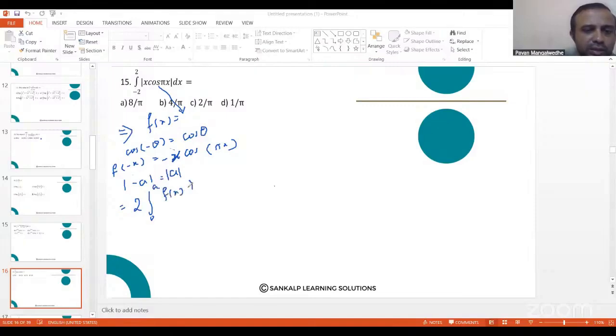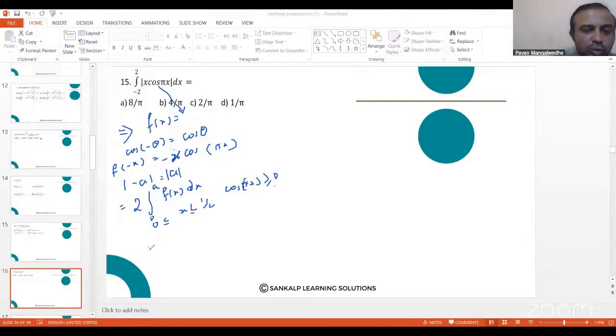of x dx. Then for 0, the condition arises here: 0 is less than x, which is less than half, where cos of pi x is greater than or equal to 0.